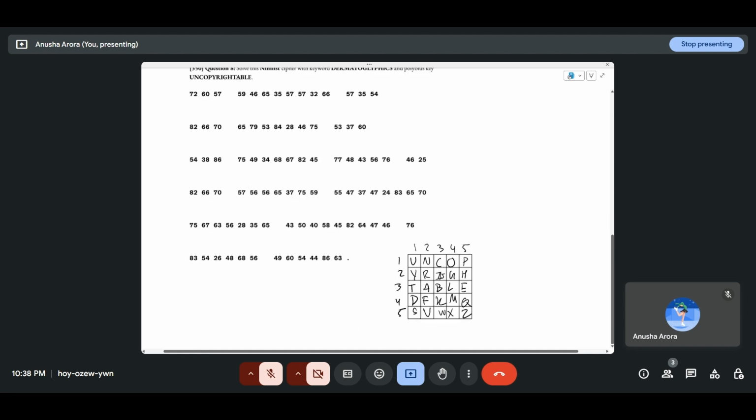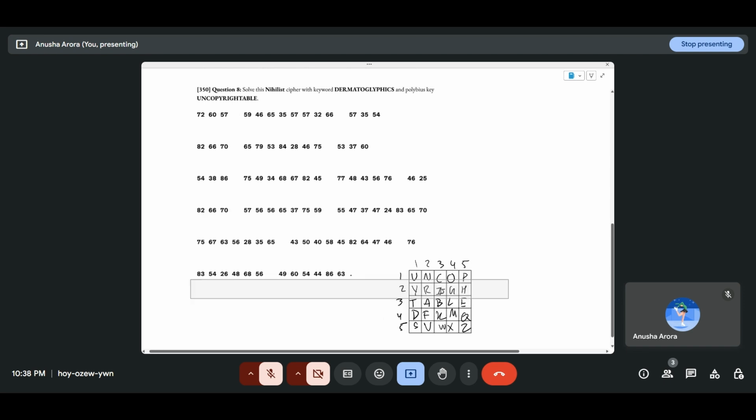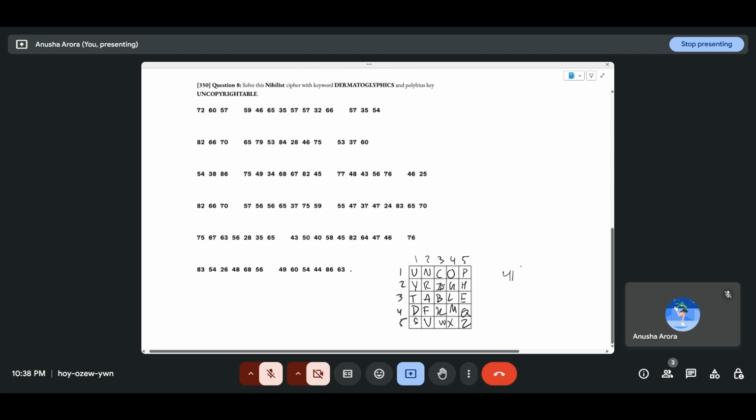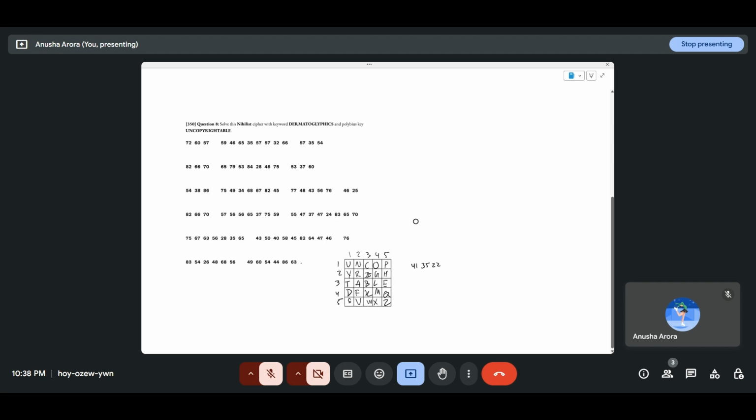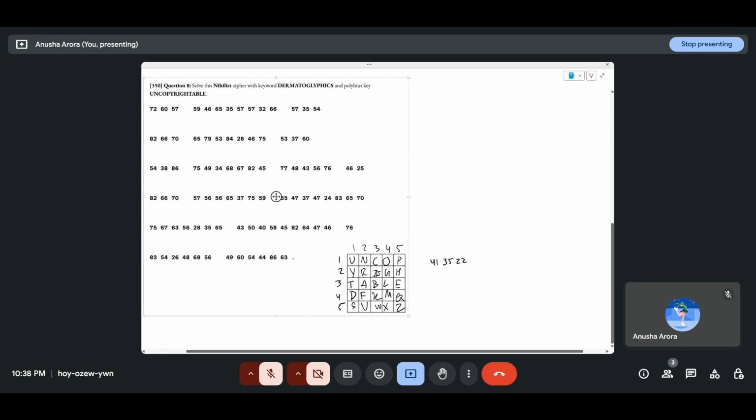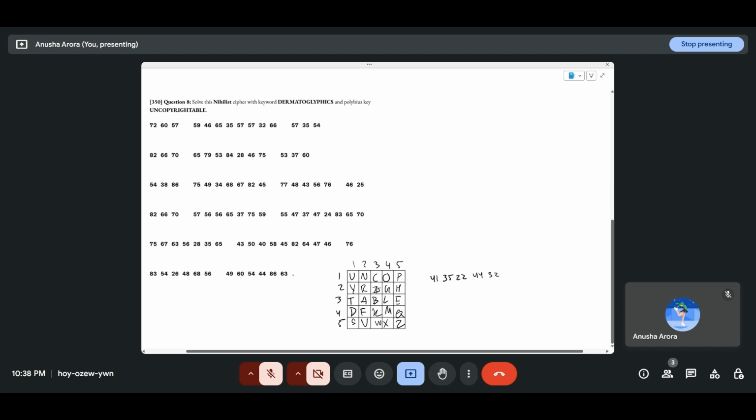And then if you convert the keyword, it should be 41. We have an E, so 35. 41, 35. R is going to be 22. M is going to be 44. A is going to be 32. T is 31.